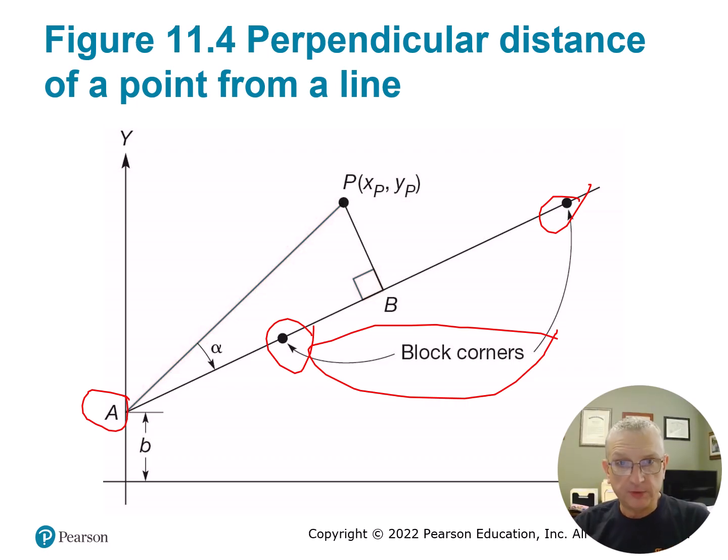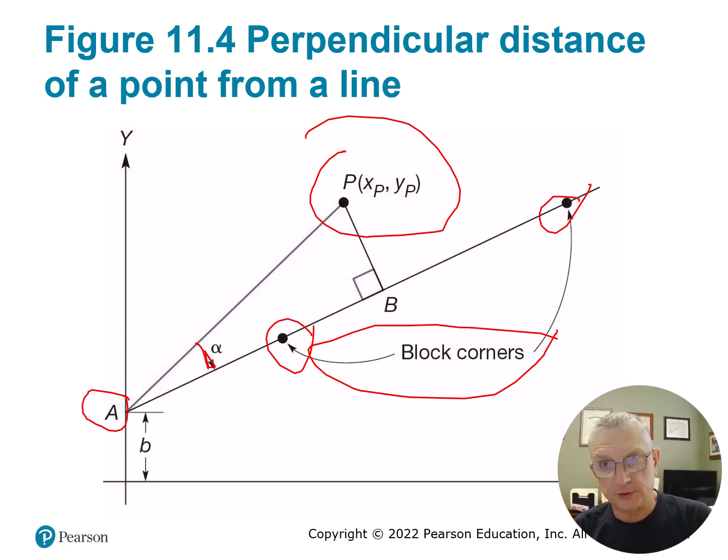point A, you can determine the interior angle, little a, to point P, which has coordinates x sub P, y sub P. Basically it's not horizontal, but it's similar to total station elevation or trigonometric leveling function.